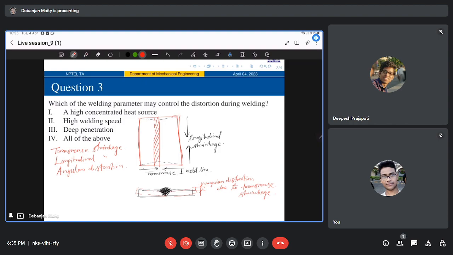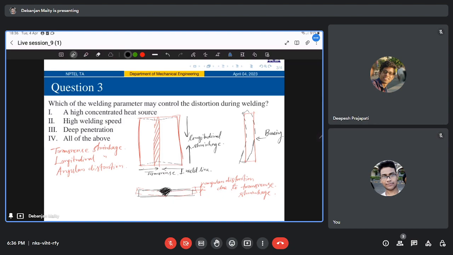Can there be any kind of angular distortion due to longitudinal shrinkage? Yes. In longitudinal shrinkage, if this was your initial weld shape, then it may bend like this. This is something called bowing.